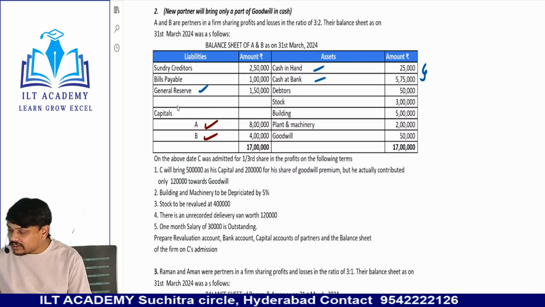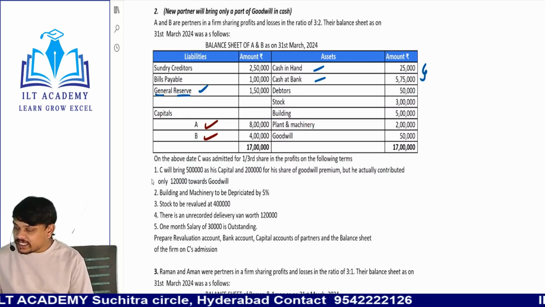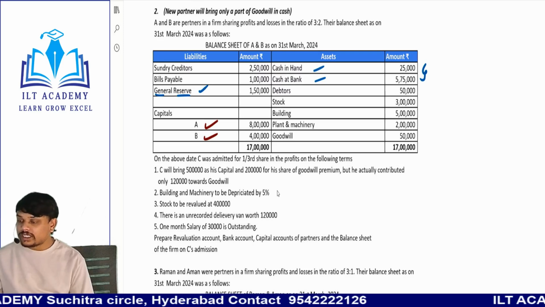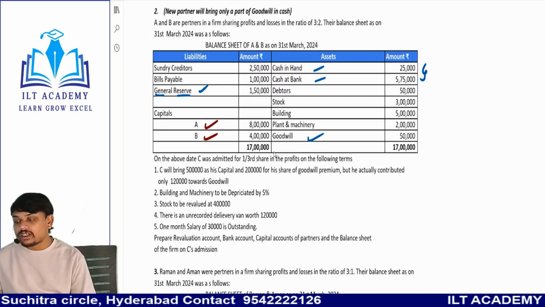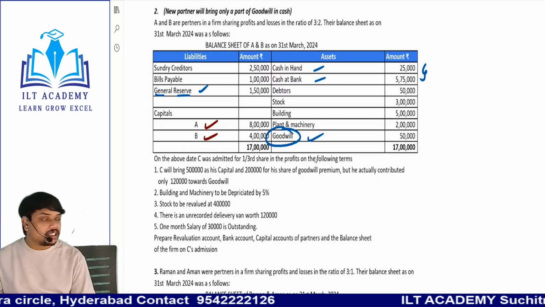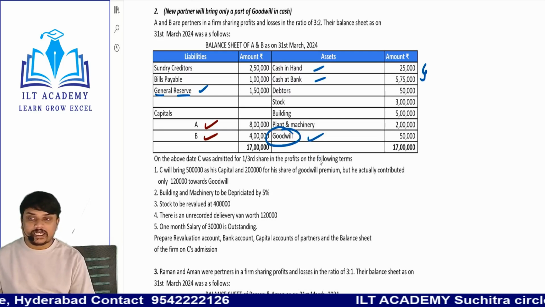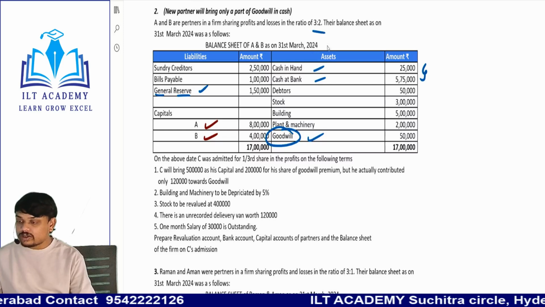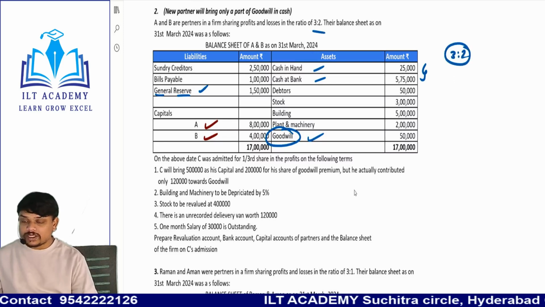As usual, general reserve is there. Let's check if there is any adjustment for general reserve. I don't see any adjustment, and we have goodwill, which is appearing on the balance sheet asset side, that will be distributed among the old partners in the old ratio. 3:2 is the ratio as usual.